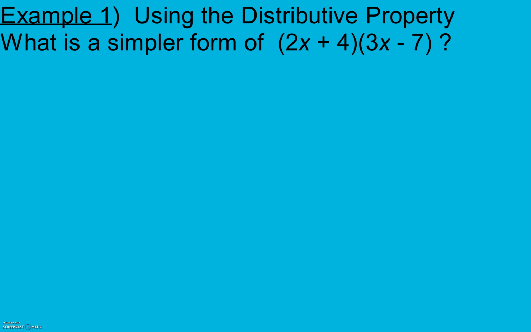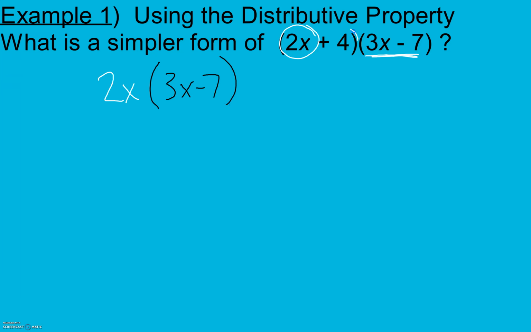In example 1 here, we're going to use the distributive property. We want a simpler form of 2x plus 4 times 3x minus 7. So we're going to use distributing. I like to call it double distributing because we're going to have to do it twice here. We're going to take the first term of our first parentheses and multiply it by our entire second polynomial.